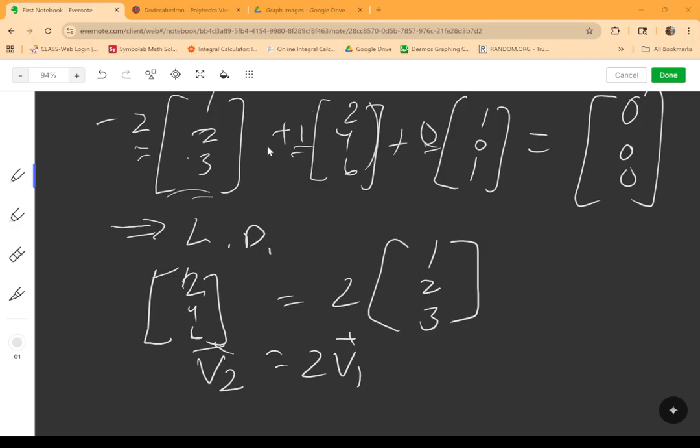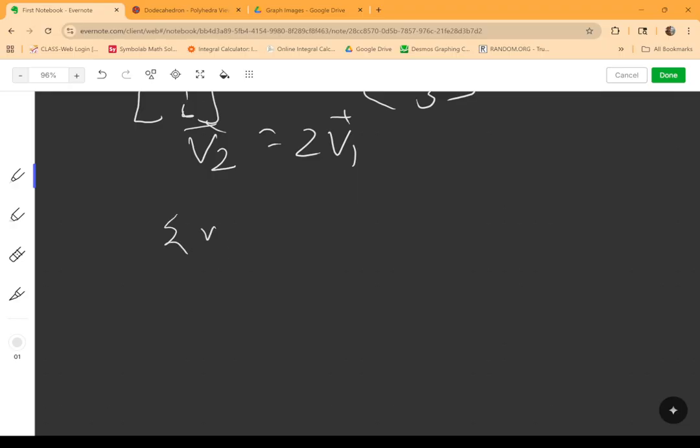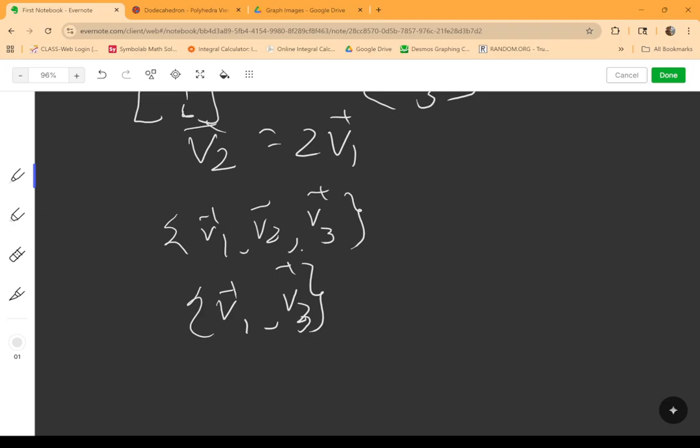If I have the set v1, v2, v3, and I saw that v2 is just double v1, let me remove v2. We have these two sets of vectors, which are clearly different: one has 3 vectors, the other has 2. How does that affect the span? This is our next question: how is the span affected by removing any linearly dependent vectors?